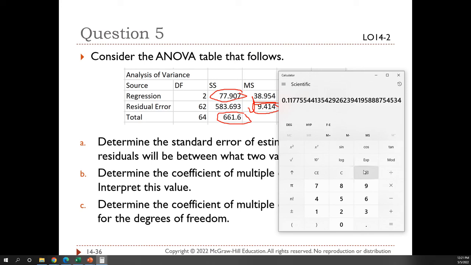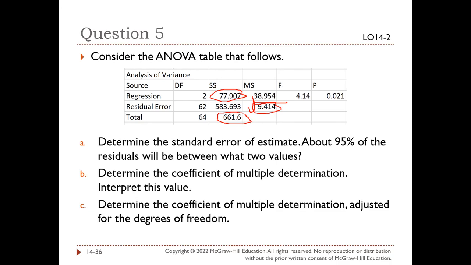Alright. Next, determine the coefficient of multiple determination adjusted for the degrees of freedom. Again, we don't have R squared adjusted, so we have to use the formula. That formula was a little bit big because it was 1 minus our SSE.